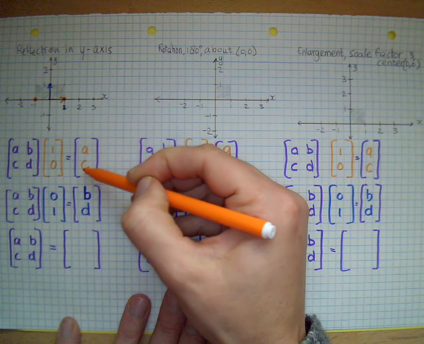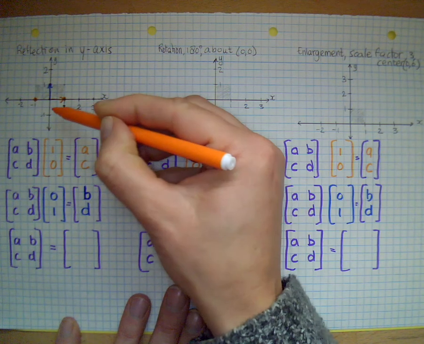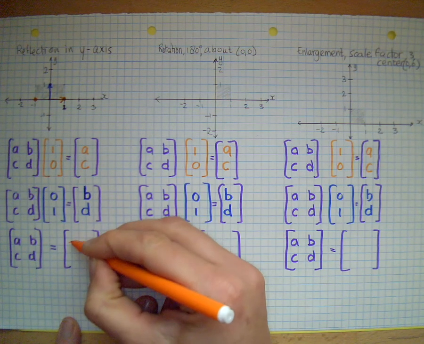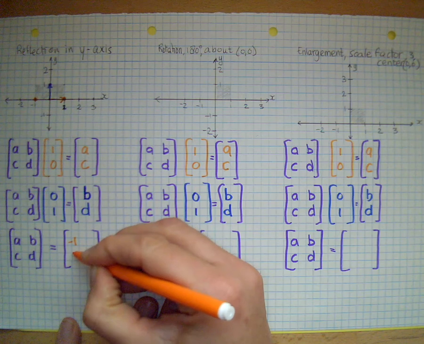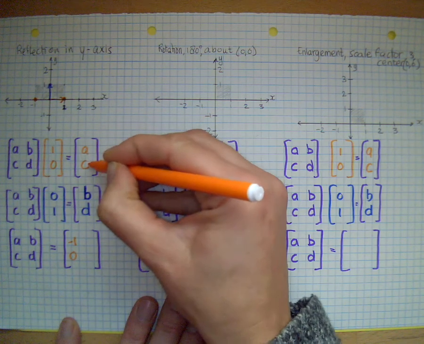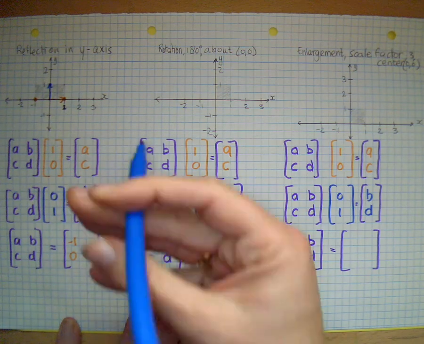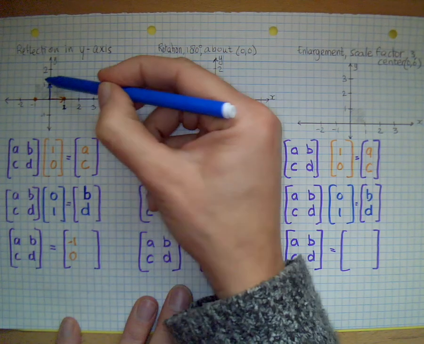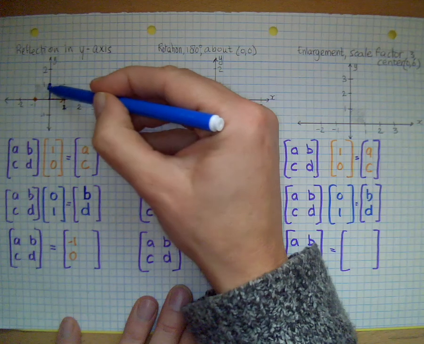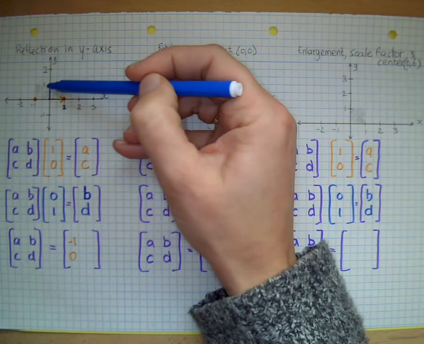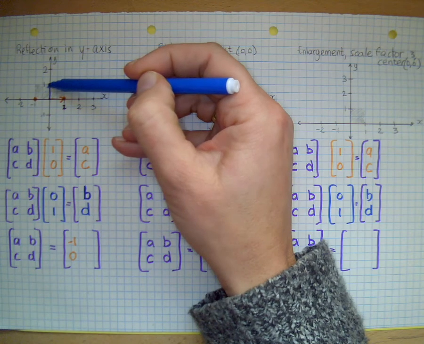So AC are -1, 0. I can put those in here, -1, 0. Those are our values for A and for C. What happened to our blue point, this vector, 0, 1? When we reflected it in the y-axis, because it was on the y-axis, nothing changed, right?